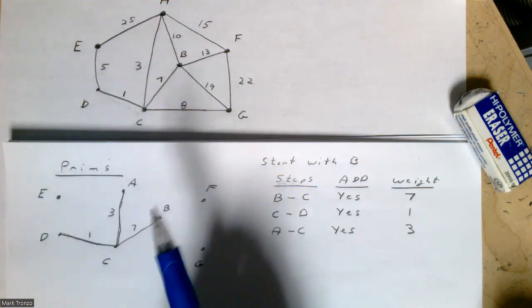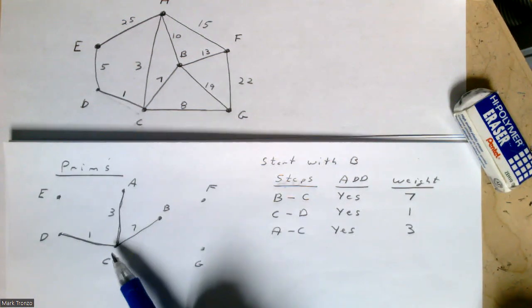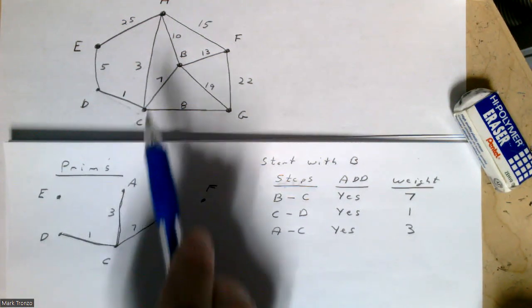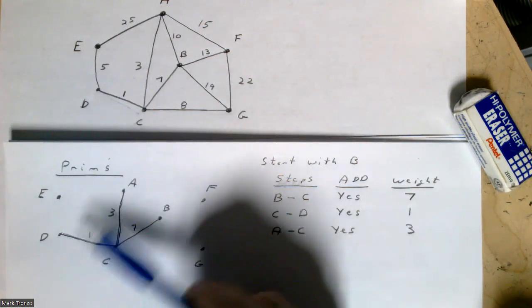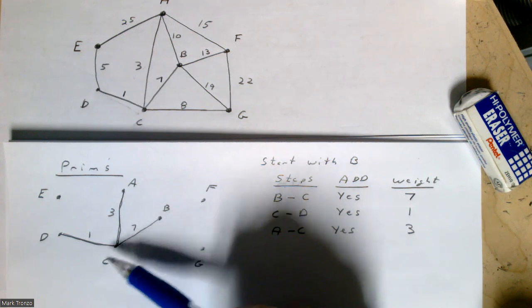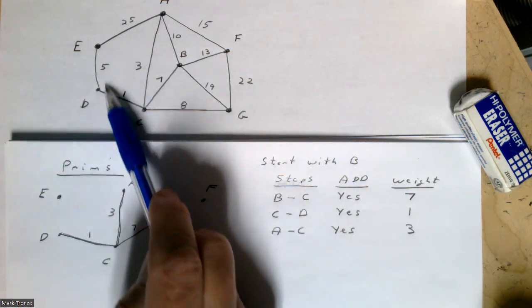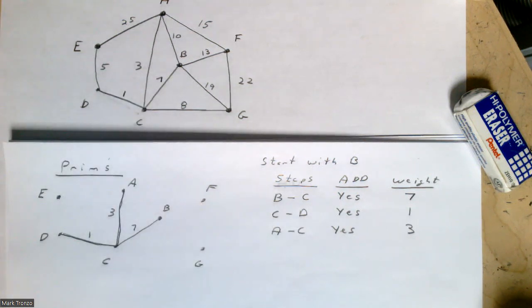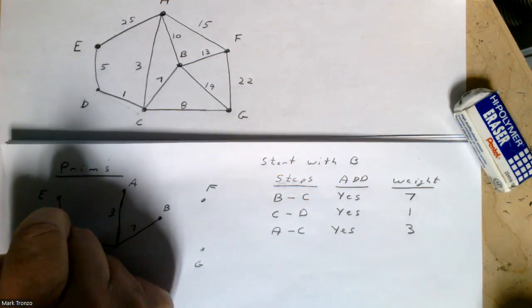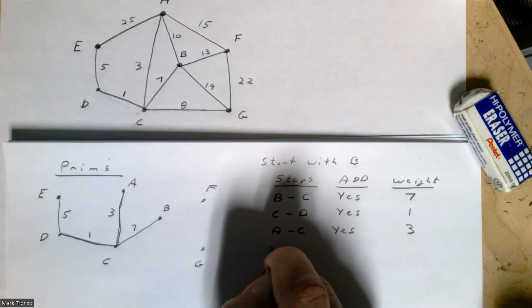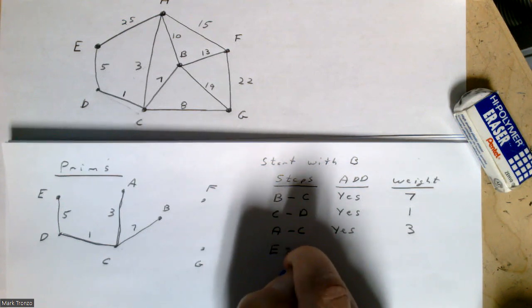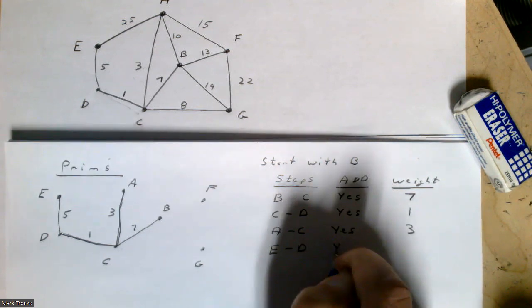So once again, consider A, B, C, and D. And what's the smallest weighted edge connected to any of those? And it looks like this 5 would be the one. And that was ED or DE, whatever you want to call it.